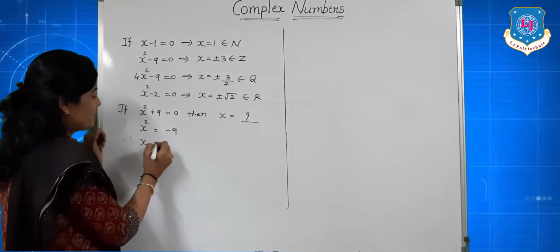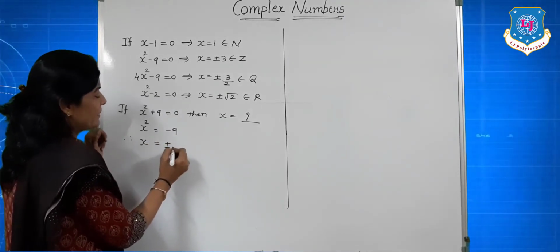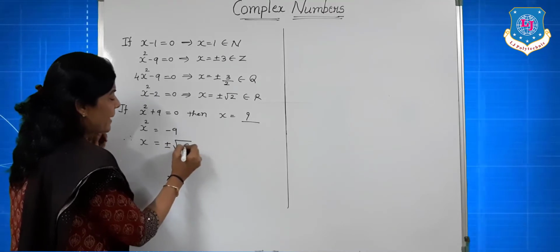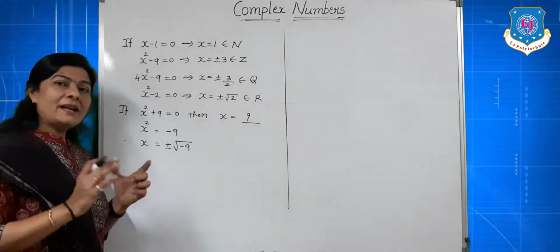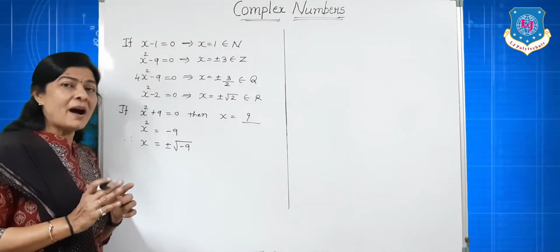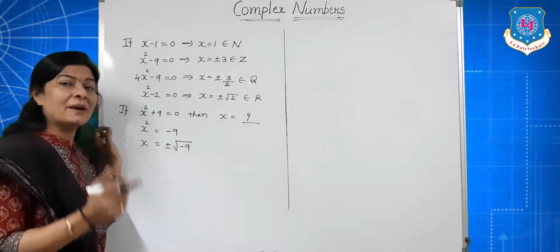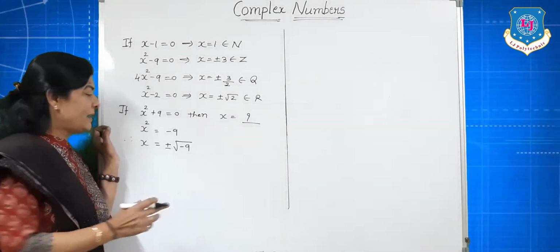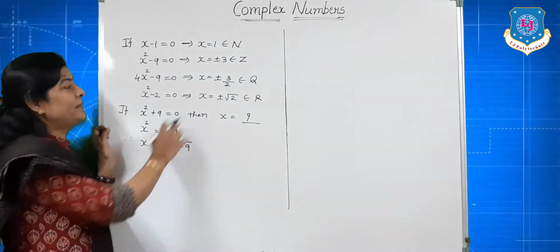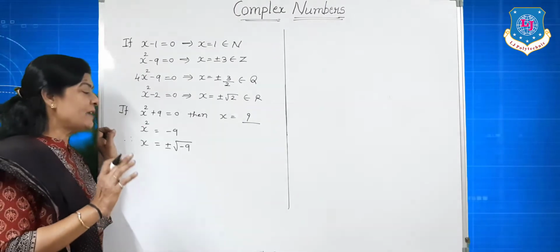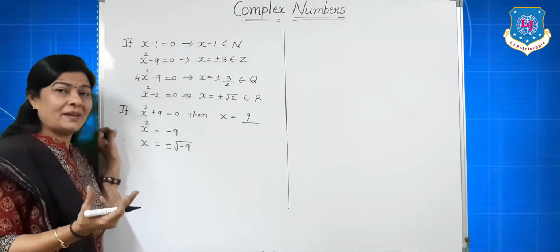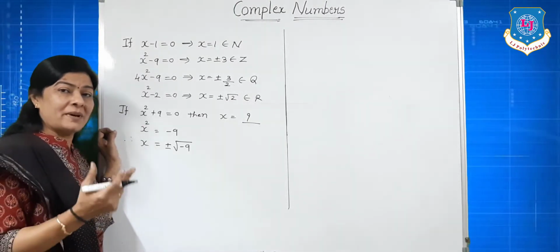So x is equal to plus minus square root of minus 9. Till now, we don't know about the square root of negative numbers. इसको हम रियल नंबर सिस्टम यानी कि R में हम सॉल्व नहीं कर सकते. So we introduce a new number system that is called complex number.